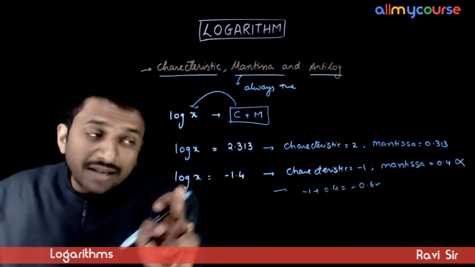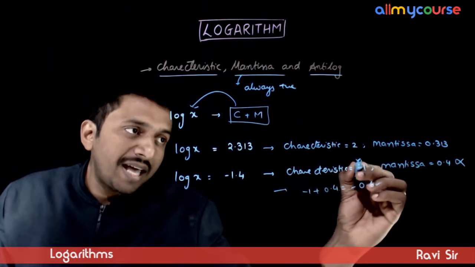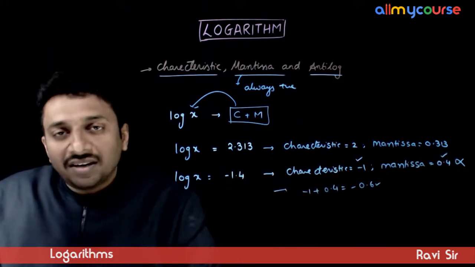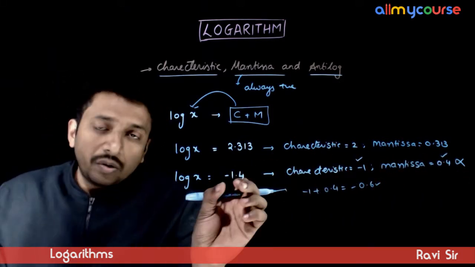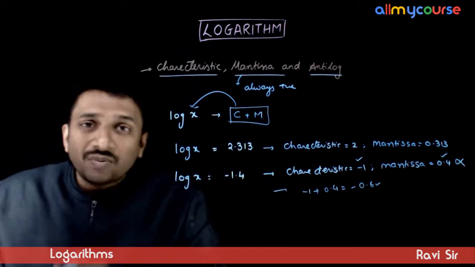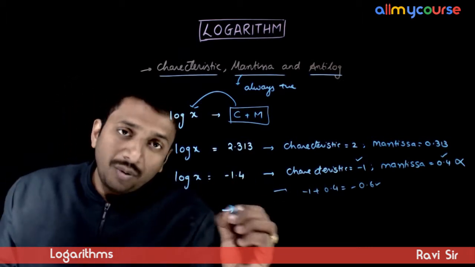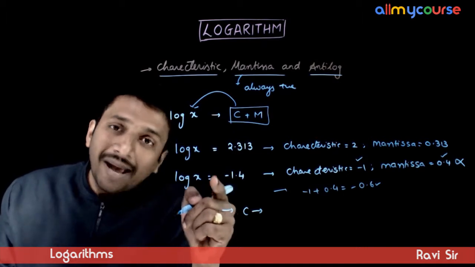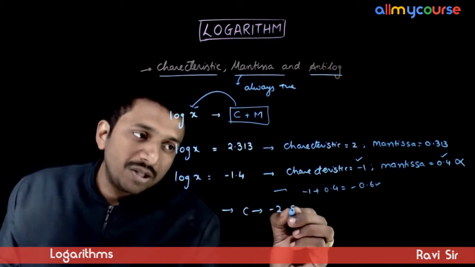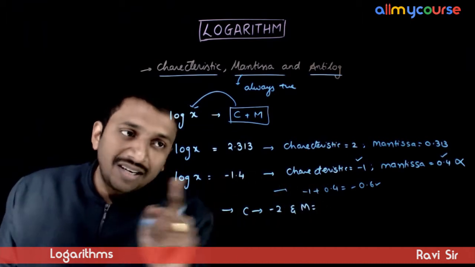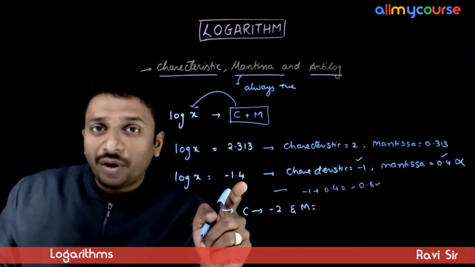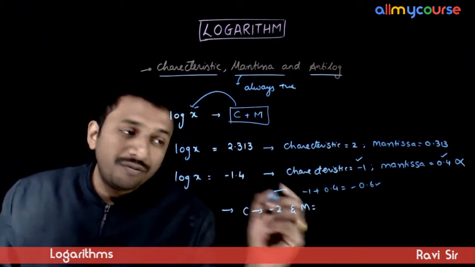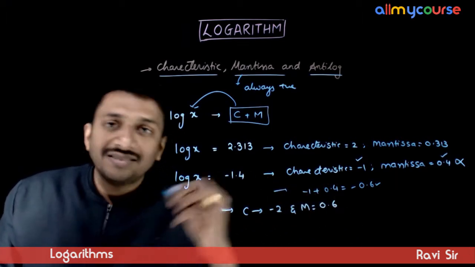So if log x is minus 0.6, then the characteristic will be minus 1 and the Mantissa will be 0.4. But if the log is minus 1.4, the characteristic is 1 less than minus 1, that is minus 2, and the Mantissa is written as the complement of 0.4, that is 1 minus 0.4, which is 0.6.